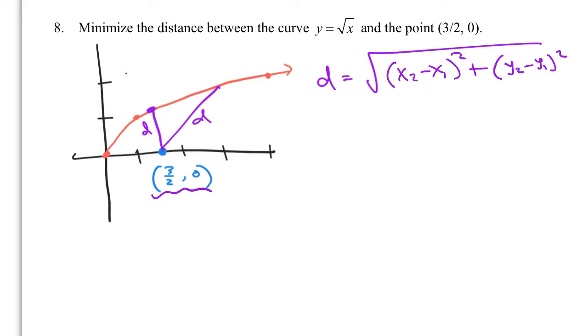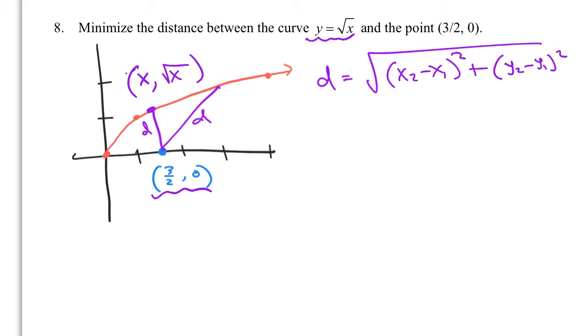Well, I don't know much about that point other than that it'll be some x location and some y location, but I don't want to use the letter y. I have a little equation I can use because the y value will always be square root of x, just like we were doing on those other problems where we're creating the rectangle. The y value is just what the y equals equation is. So those are my 2 points.